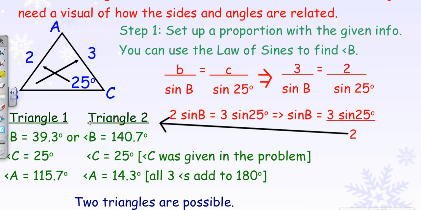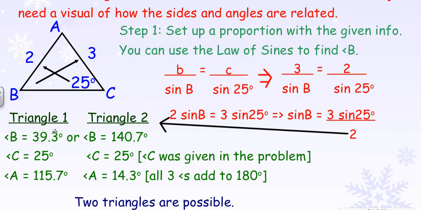Now, let's analyze this. In quadrant 1, angle B is 39.3. But because sine is positive, I could also be in quadrant 2, and in quadrant 2, angle B is 140.7 degrees because I subtract from 180. My question is, are both of these triangles possible?